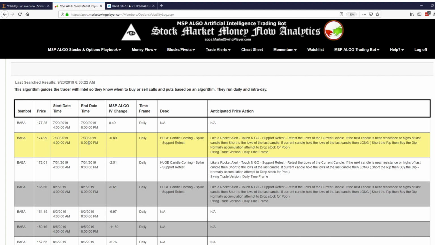If it holds, it could rock it. The touch part is touching support. Do or die. If it passes, rock it back to resistance, okay? So you know exactly what price points need to be retested, okay? All right, so it says basically short the rip, then buy the dip.